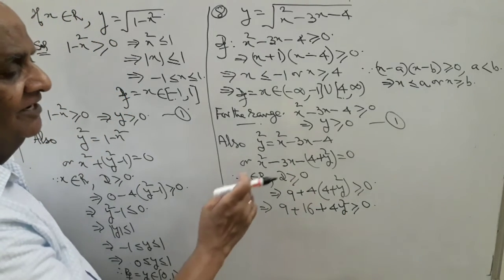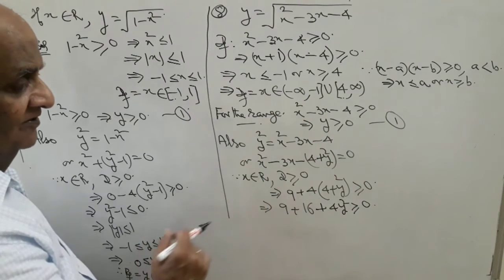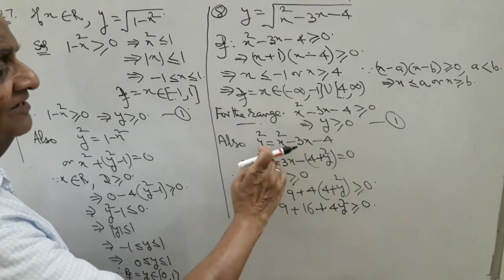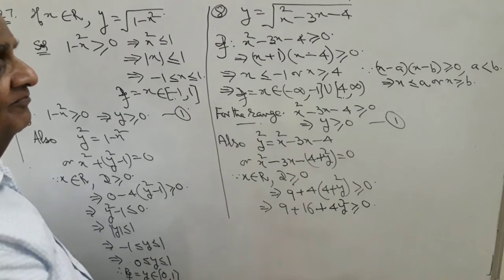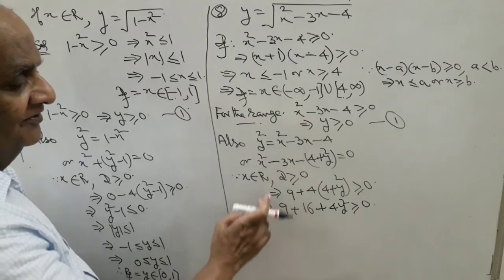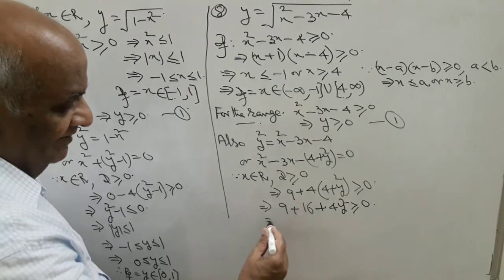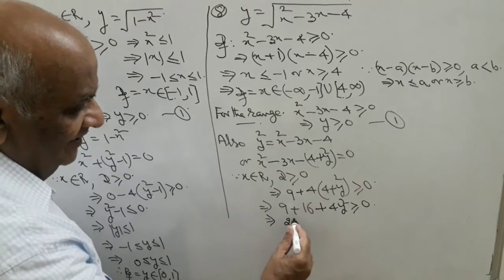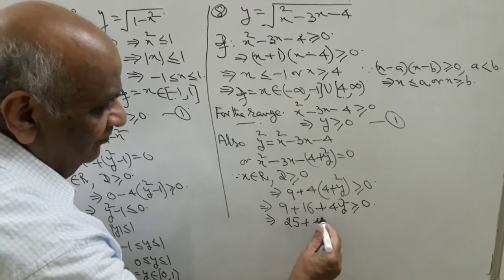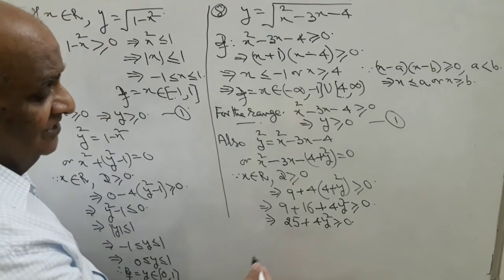Once again, x square minus 3x minus 4 is y square. So when you transpose it, it is minus 4 minus y square. So discriminant positive, 9 minus 4AC greater than equal to 0 implies 25 plus 4y square greater than equal to 0. Check up.